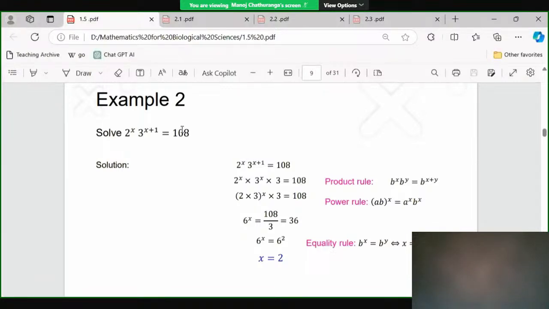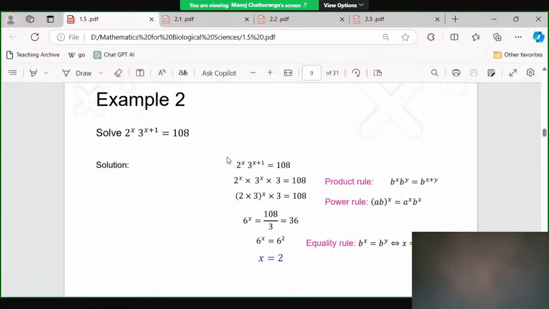Now take the left hand side and simplify it and make it a single power and look at the base of that power. And then go to the right hand side and write the constant number as a power of that base in the left hand side.